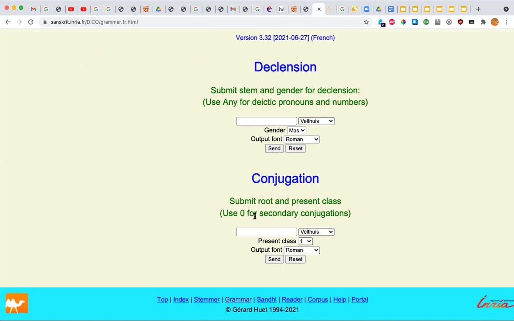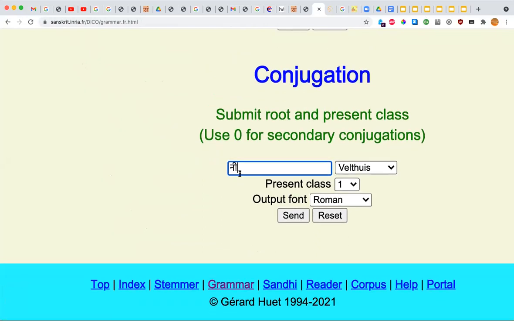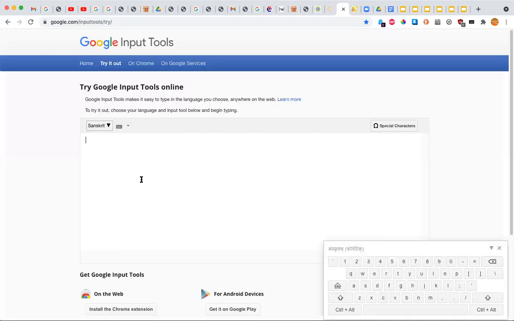The conjugation part is for finding the lakara, different lakara.